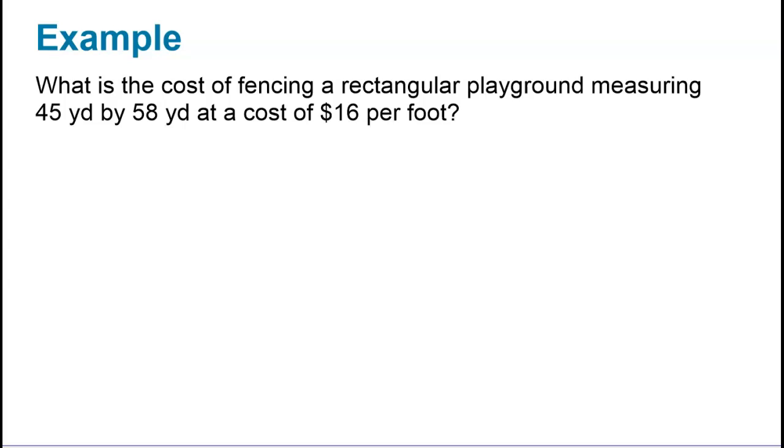So let's go ahead then and look at this. I like to be able to draw a picture if I can. So in this case, this is 45 yards by 58 yards. And so I know that if this side is 45 yards, then this side is 45 yards, and then this is 58 yards if the other side is 58 yards.